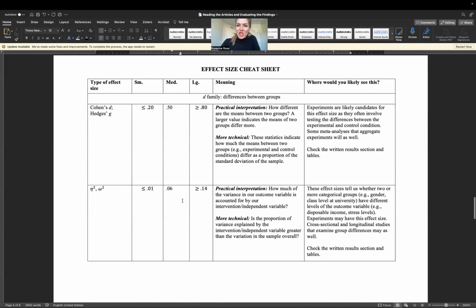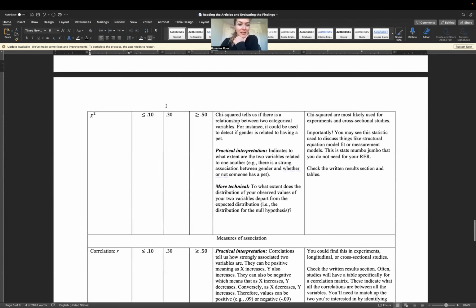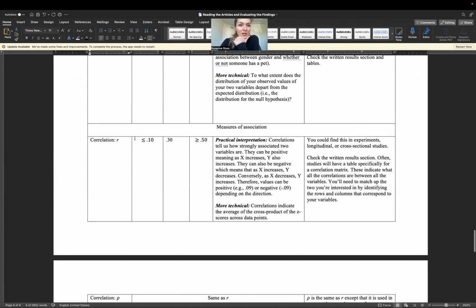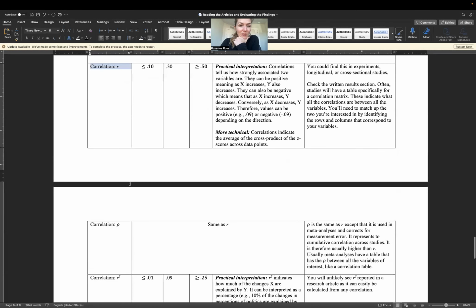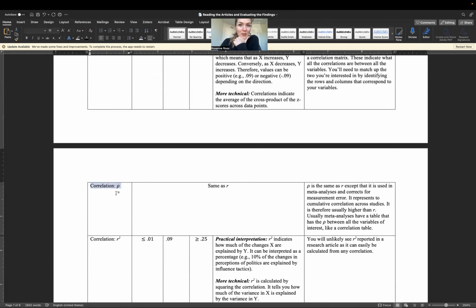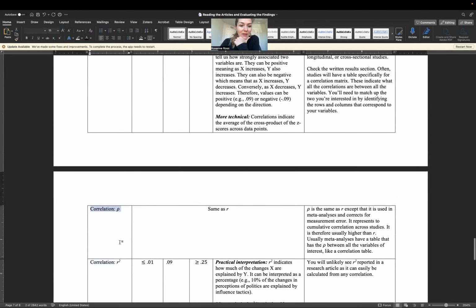And in this cheat sheet, you see every type of effect size that you'll probably find in your articles. And you can just search for the right effect size here. And then there's the interpretation of it next to the effect size itself. So we could look at a correlation, but actually we have rho as well. The interpretation is the same.